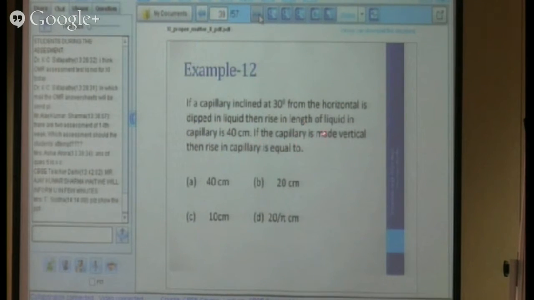If the capillary is made vertical, then what is the rise of the liquid in it? It was initially inclined at an angle of 30 degrees. Then it's made vertical.